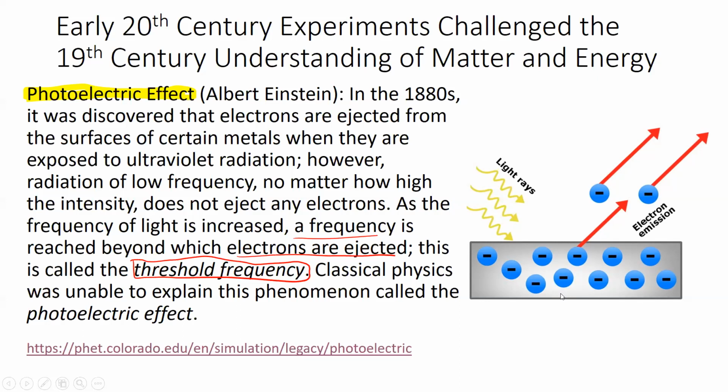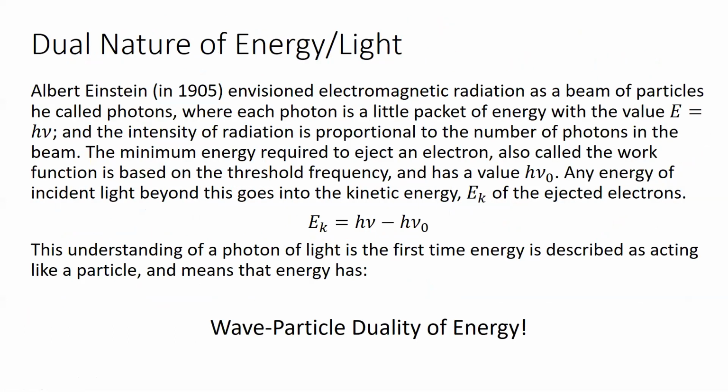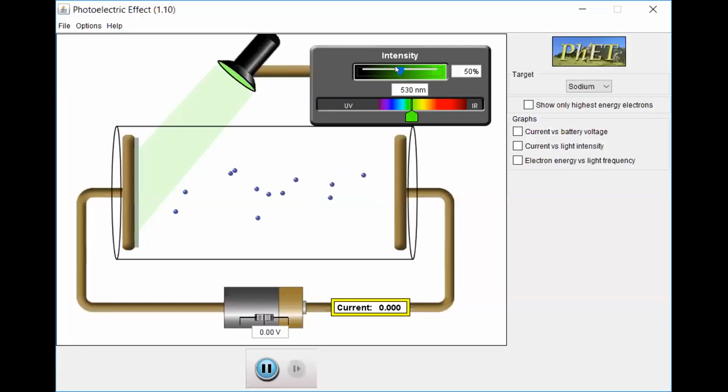Okay? So what he basically says to this is, well, if it takes a certain amount of energy for the light that hits that surface, and that energy isn't dependent upon the total energy. Remember, if we go back to this, the total energy that is hitting this surface is based on how many quanta there are.